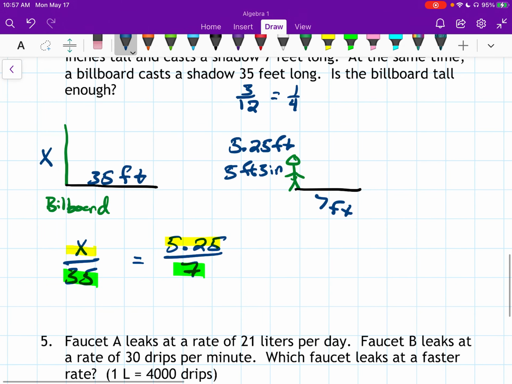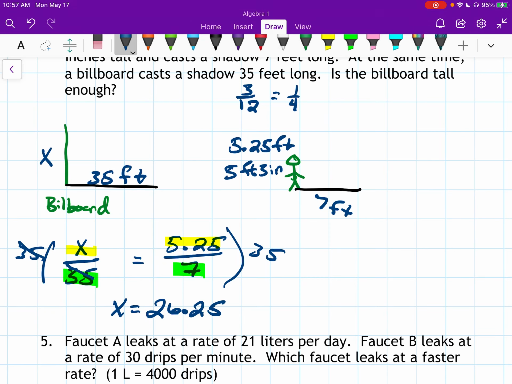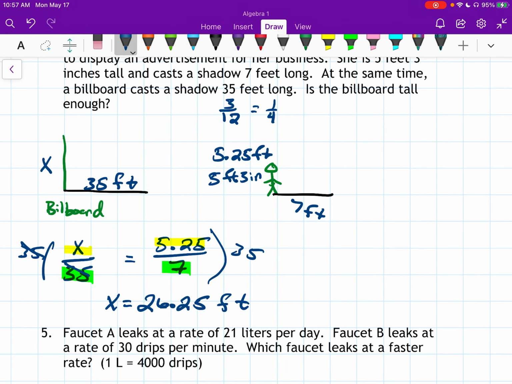Now we want to solve for our X, so I'm going to multiply both sides by 35. And I'm just going to type that in my calculator. I'm going to say 5.25 divided by 7 times 35. And I got X equals 26.25. So the billboard is 26.25 foot tall.